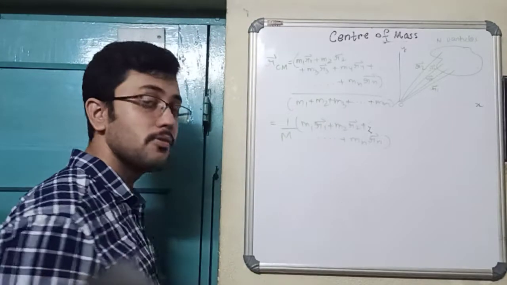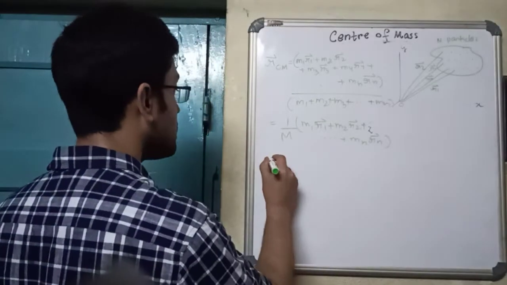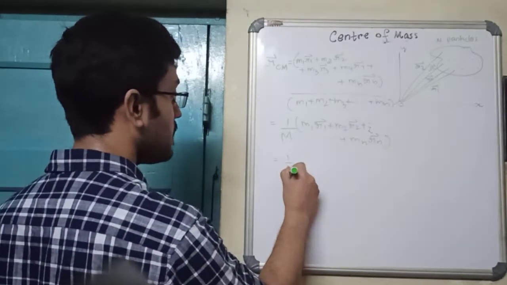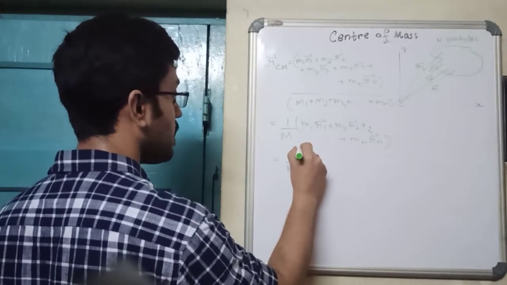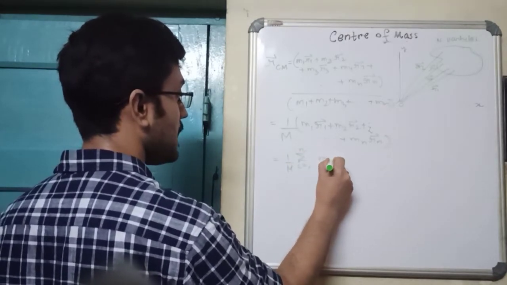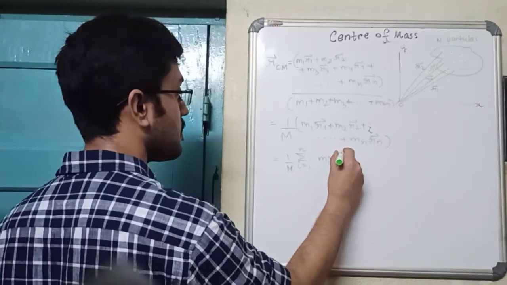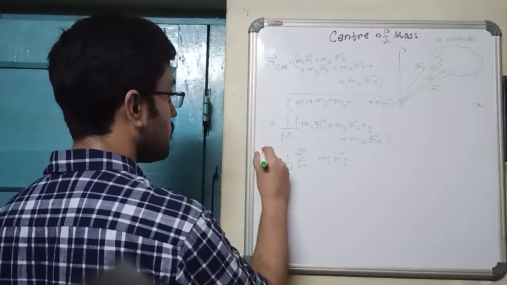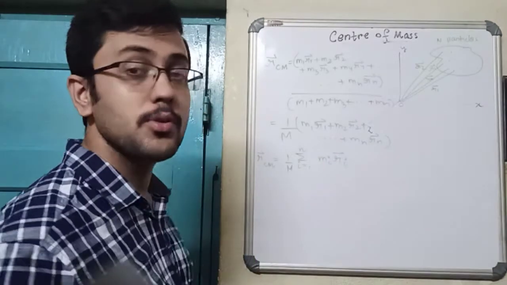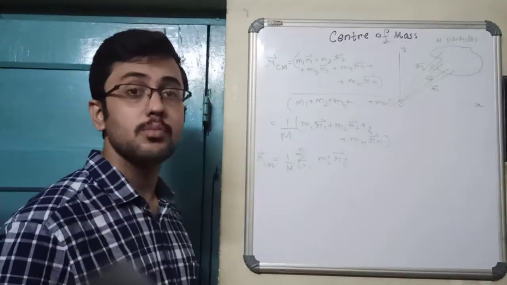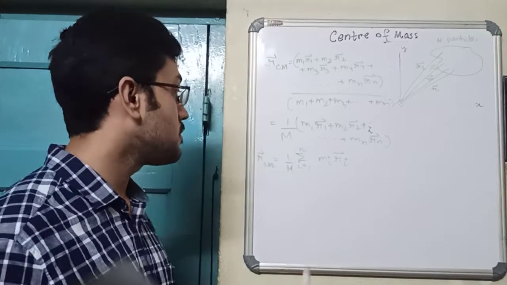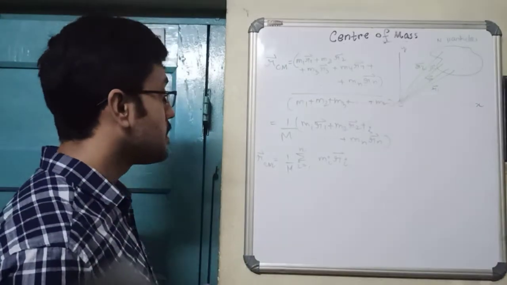Now there is a general way to write it. How can we write this? We can write this as 1 by M times the summation over i ranging from 1 to n of mi ri. If you are familiar with computer programming, you know that while solving programs on nested loops and so on, we often use this kind of variables where we use summations.